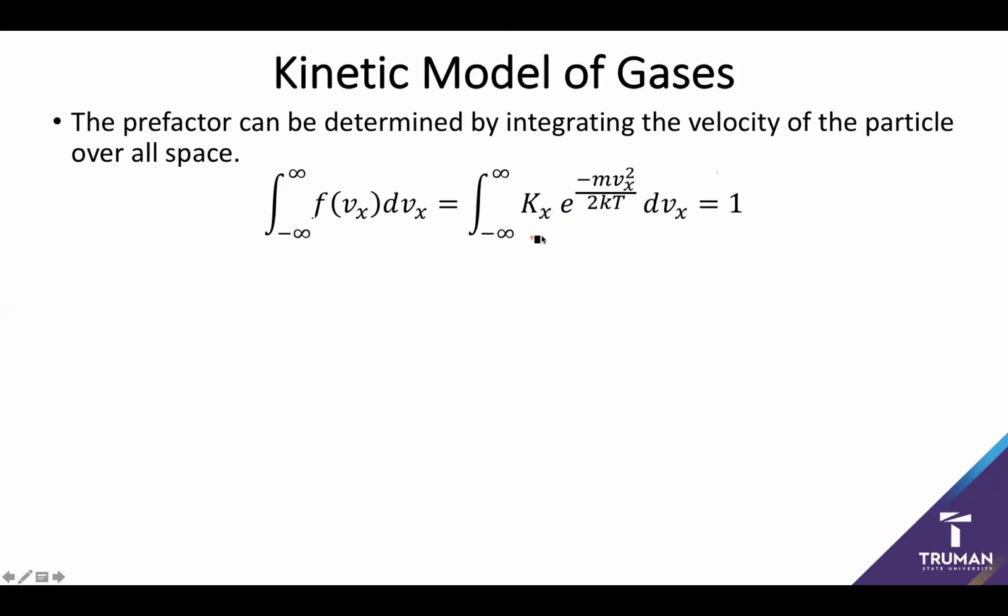And then by correctly solving for my kx value, or my normalization constant, I can ensure that these two expressions are equal. So in order to have a real probability equation, we need to go ahead and solve for this normalization constant. So we can go ahead and solve this exponential term.